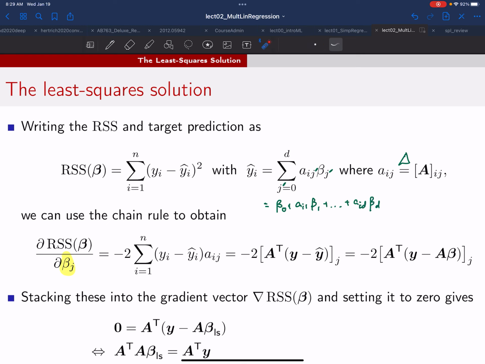So when you think about this, we want to take the derivative with respect to beta j of y_i hat, so of this. When you look at it this way, what's the derivative of this thing I circled with respect to beta j?